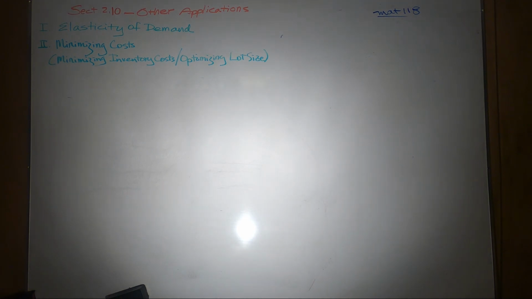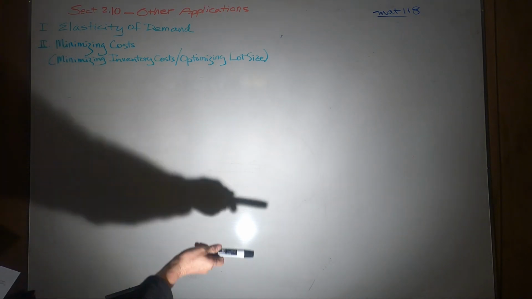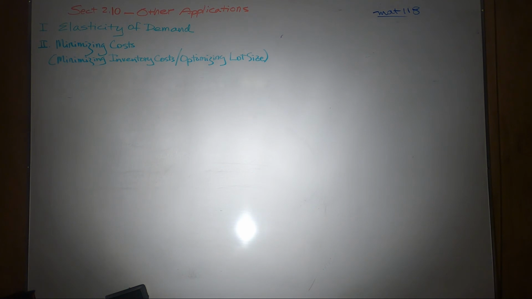Okay, let's look at another example on your page 62. How to minimize costs, minimizing your inventory costs and optimizing your lot size. Same thing. It says a publisher estimates the annual demand for a book to be 4,000 copies.